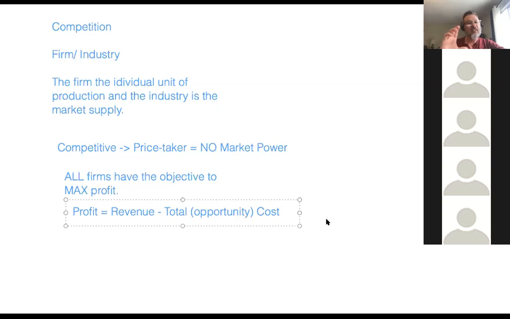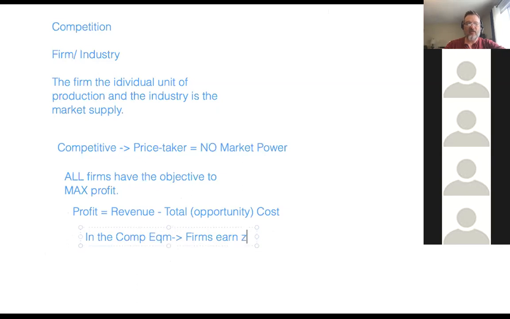And the reason that's super important is you're going to get this prediction later, and I'll put it down here, that in the competitive equilibrium, firms earn 0, and I'll capitalize it, 0 economic profit.